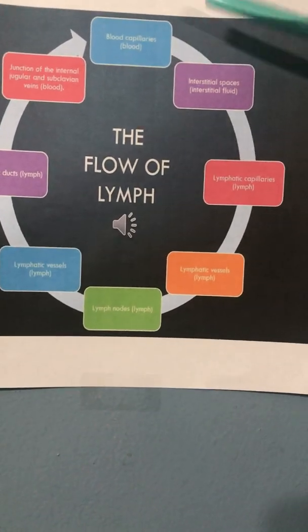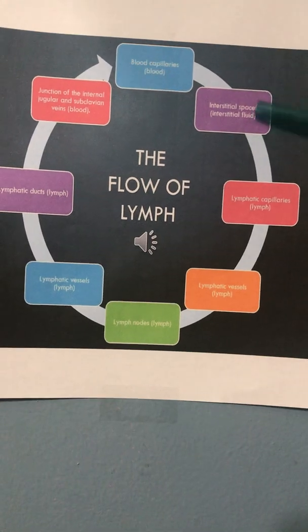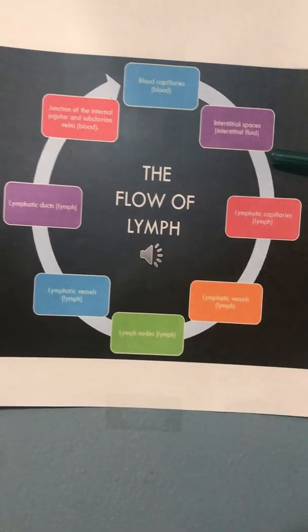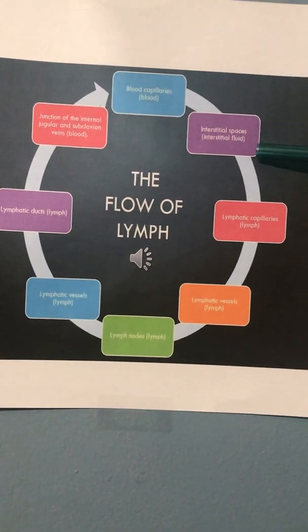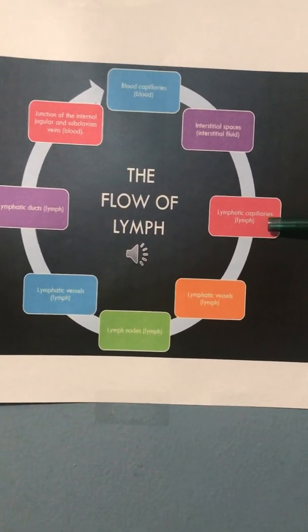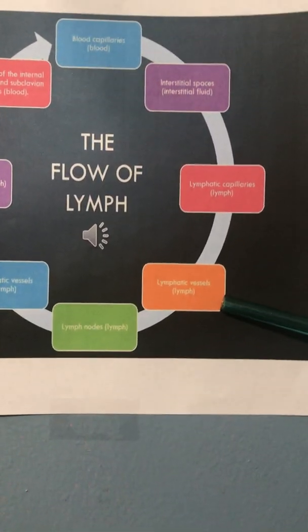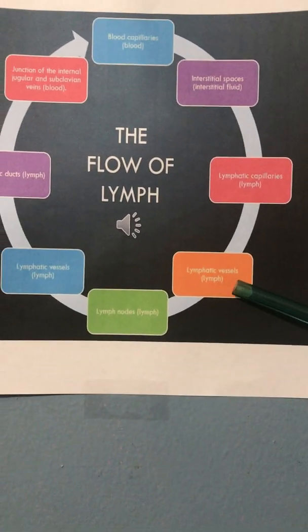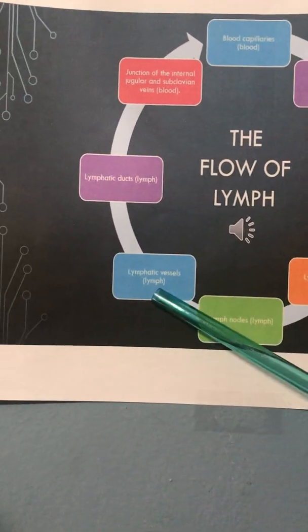But before putting it back into circulation, this lymph, which is the name of the fluid, has to go from the interstitial spaces to the lymphatic capillaries. From the lymphatic capillaries it goes to the lymphatic vessels. From the lymphatic vessels it goes to lymph nodes. From the lymph nodes it goes to lymphatic vessels again.